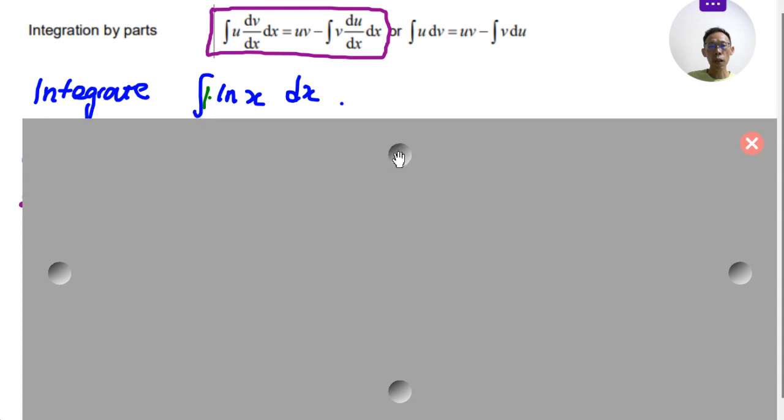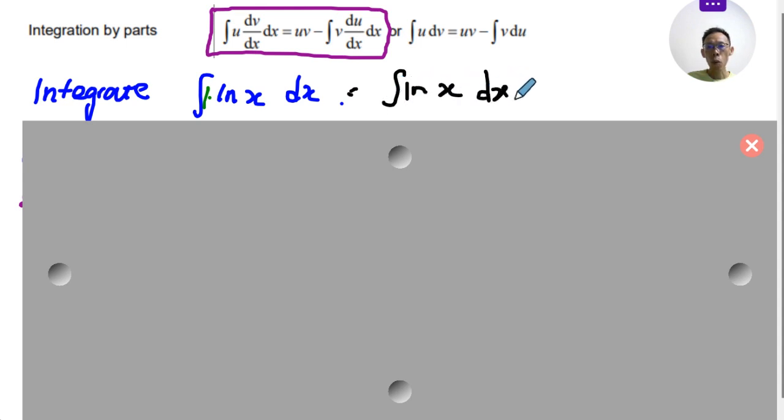So let's start with an example. In this example, we start with the integration of ln x. Well, ln x here, you can think of it as 1 times ln x. If we just look at ln x like this, then you'll be wondering, I don't see two terms, only one. If I can integrate ln x directly, then I'm finished.